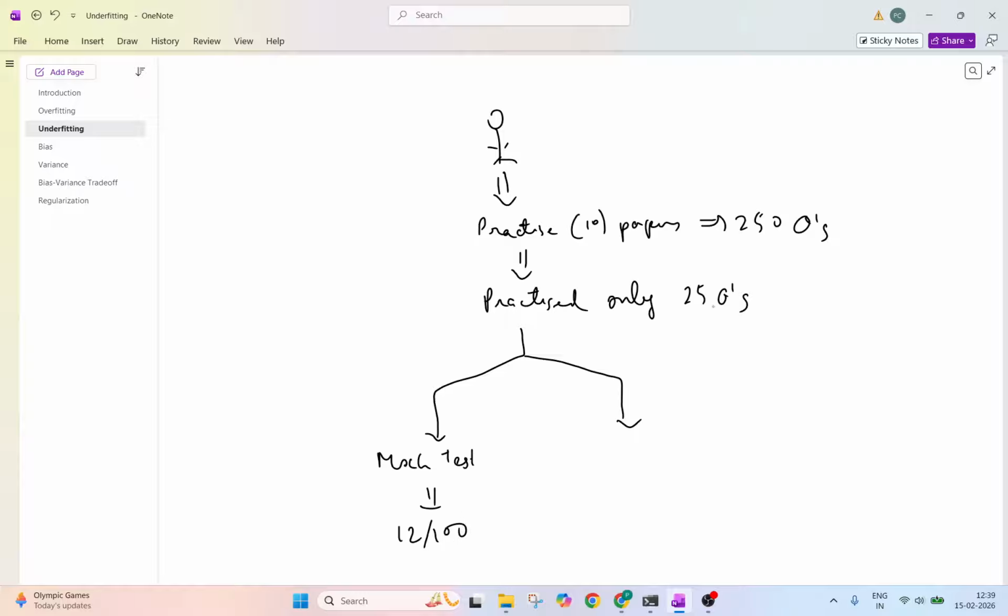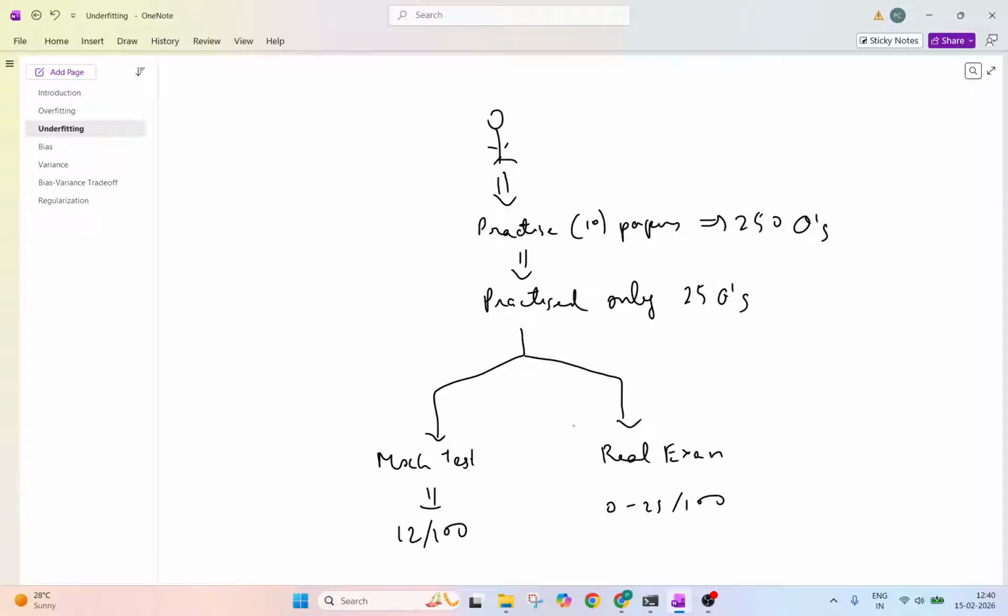Because out of the 250 questions present, you practiced only 25 questions, and probably of the 100 questions that you attempted, only 12 came common. So you got 12 out of 100. And in the real exam, you might get anywhere between 0 to 25 out of 100 because you practiced only these 25 questions. So this is what underfitting means.